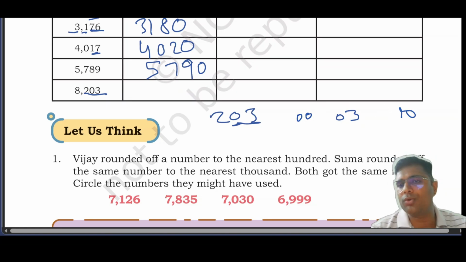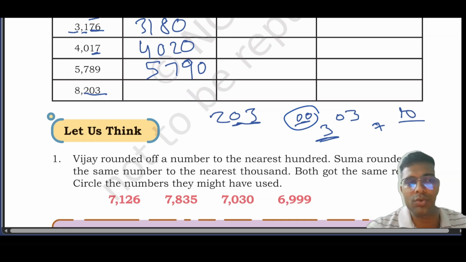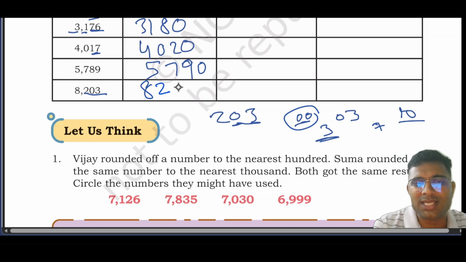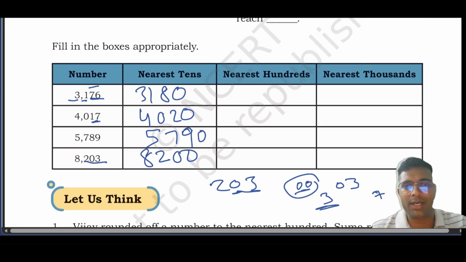So what do you think, which one is more near to 3? So to reach 00 we have to go back 3 steps. To reach 10 we have to go forward 7 steps. So which one is near, bachcho? This 00 is near. So in this case, bachcho, the nearest tens will be 8200.